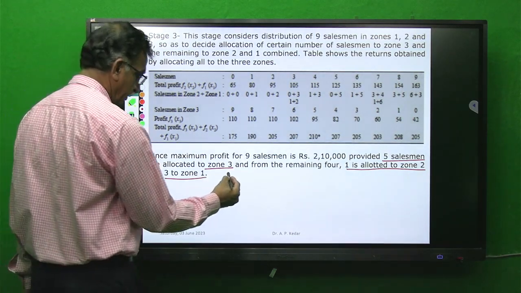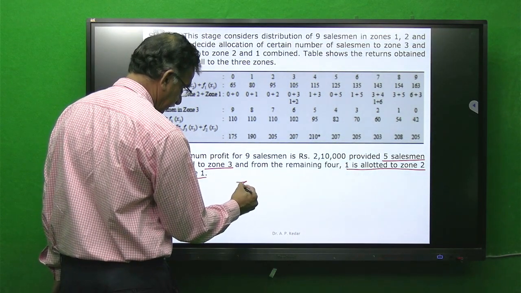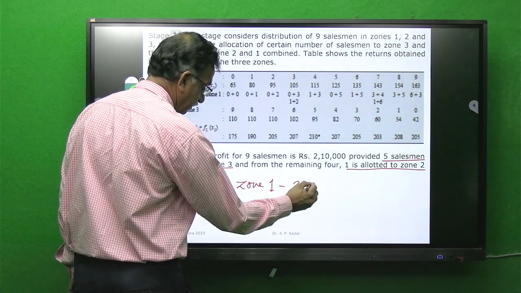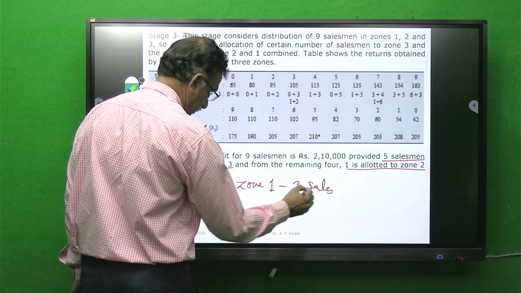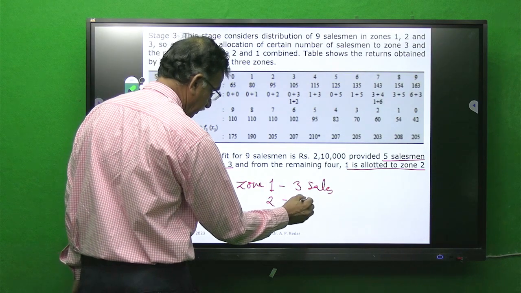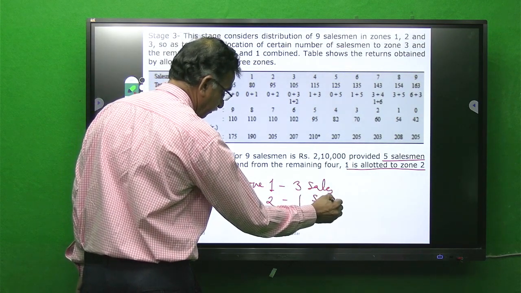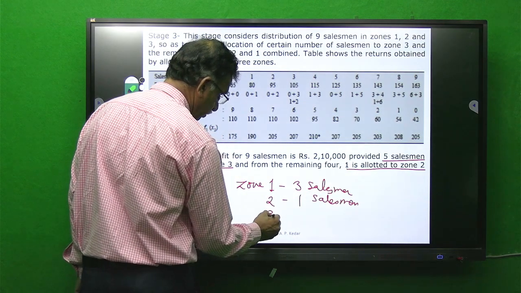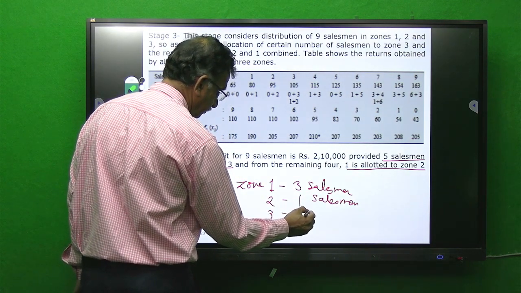So as I have written in the previous slide, zone 1 has 3 salesmen, zone 2 has 1 salesman, and zone 3 has 5 salesmen.